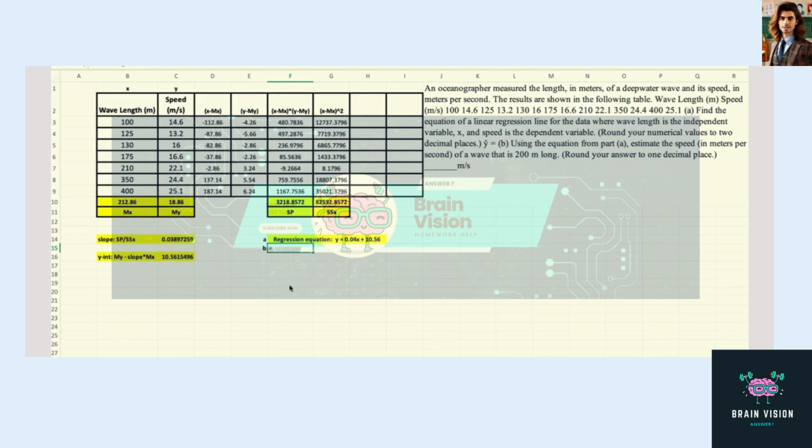So if I do equals 0.04 times 200 plus 10.56, the speed of a wave that is 200 meters long is 18.6 meters per second. So I'm going to highlight all of this.